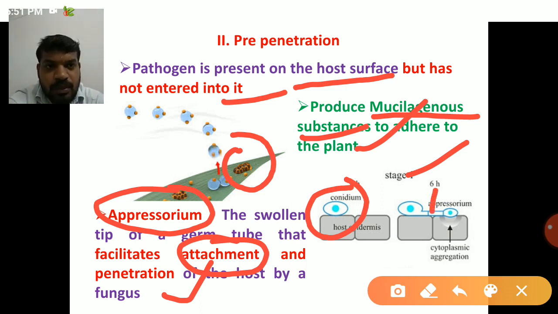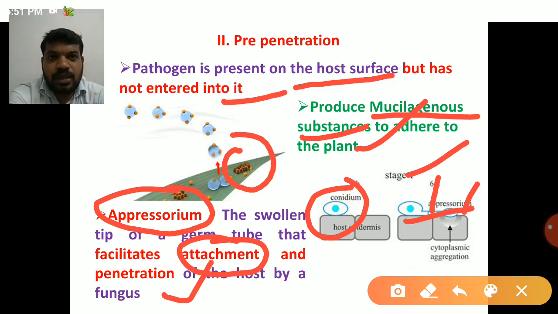It will produce a germ tube. After some time, the tip of the germ tube bulges and produces the appressorium. So this appressorium exerts pressure against the plant surface or cuticle and cell wall of the particular plant to puncture the particular plant part.